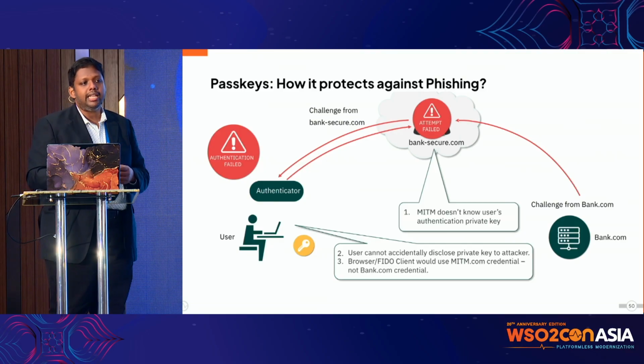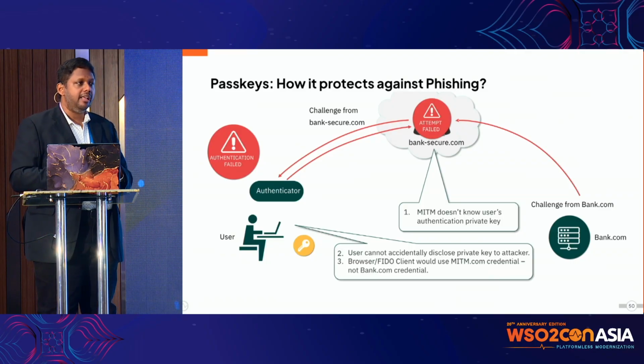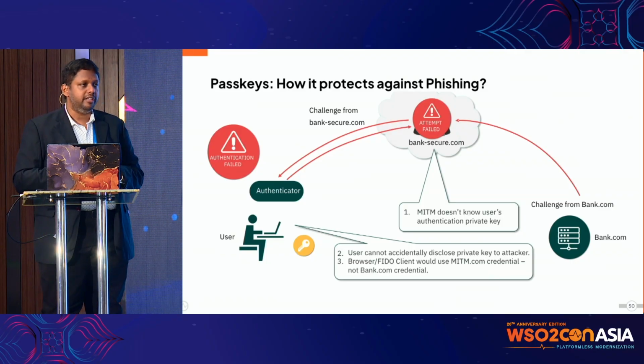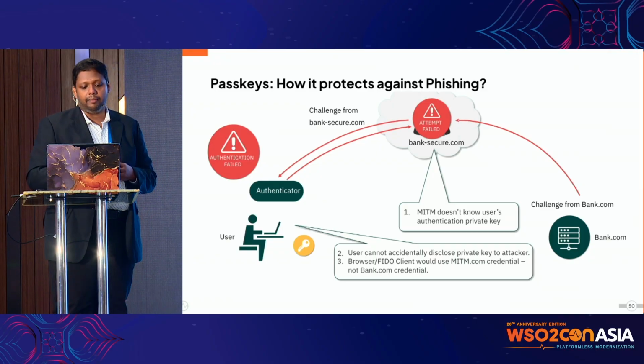So it will only try to find the key that is registered with banksecure.com. Therefore, even if the user is unaware, the authenticator is taking care of the phishing attack, right? This is not available with traditional second factor methods such as SMS OTP or email OTP or whatever.